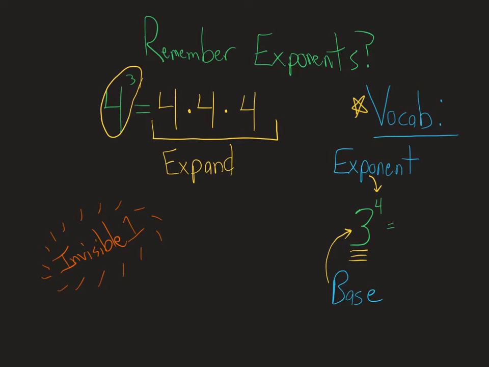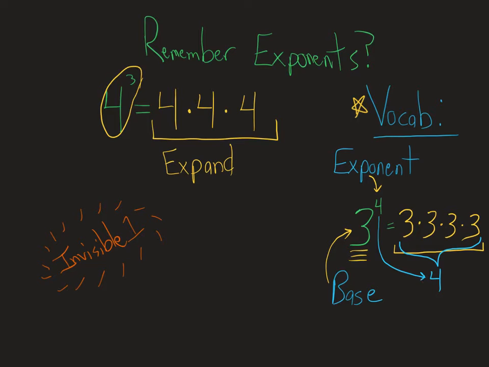So if I'm going to write out this one, I'm going to expand it just like I did the original problem. I'm only writing the base. Notice that. Okay, I'm writing out the base repeatedly, and how many of the base is where the exponent comes in. Okay, that's what the exponent tells us.